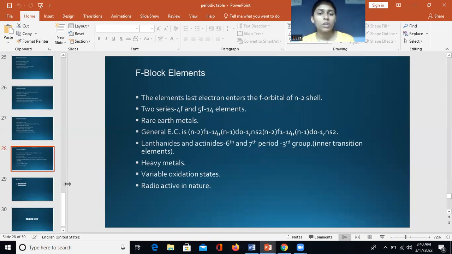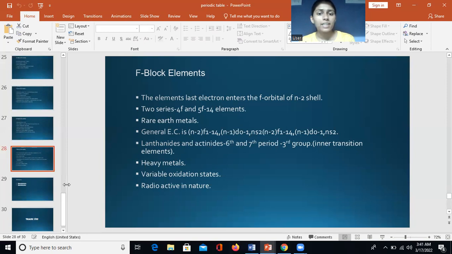The general electronic configuration is (n-2)f1-14 (n-1)d0-1 ns2. This is the general electronic configuration of f block elements.